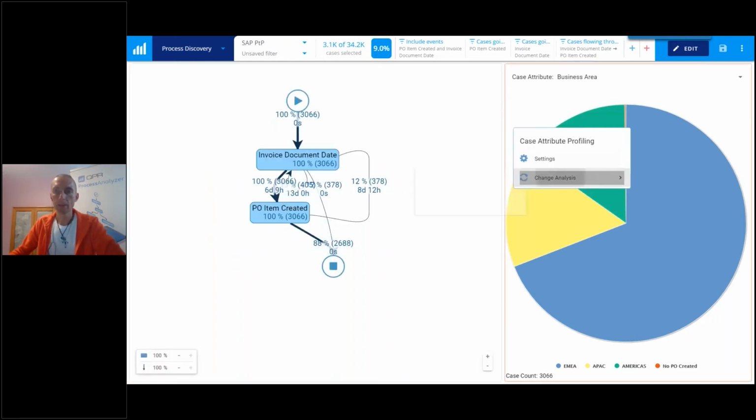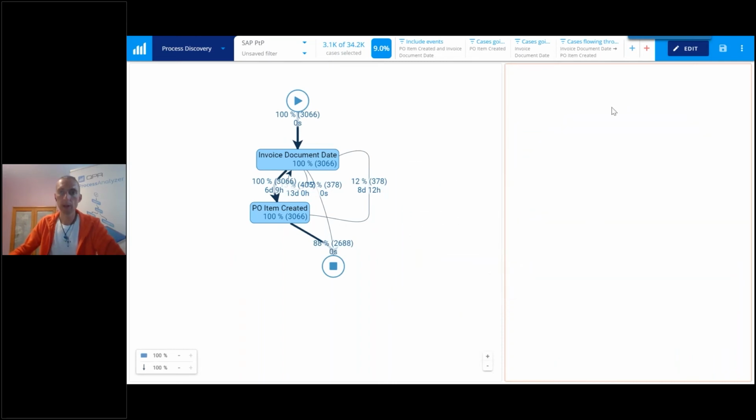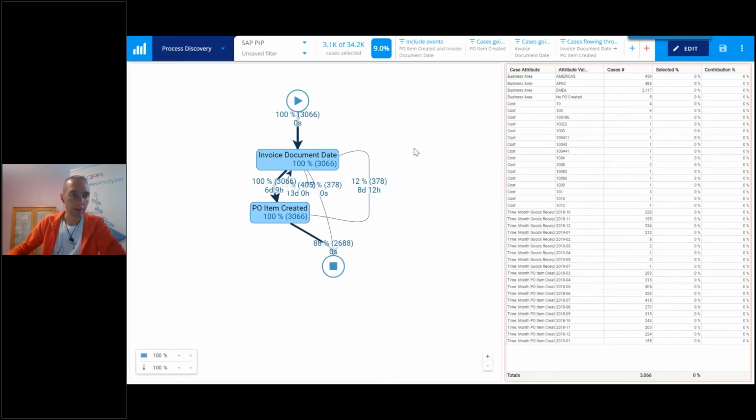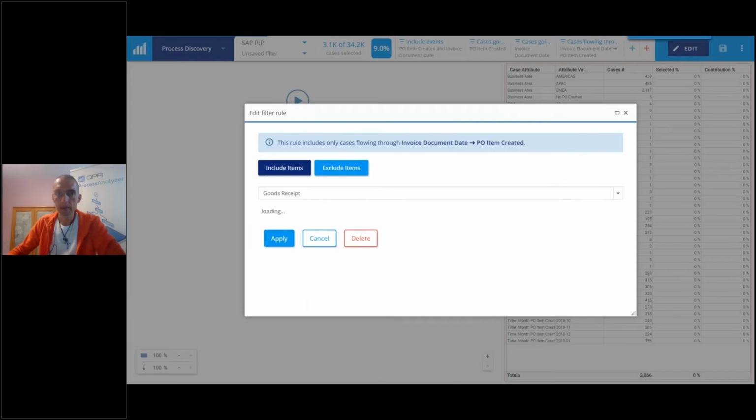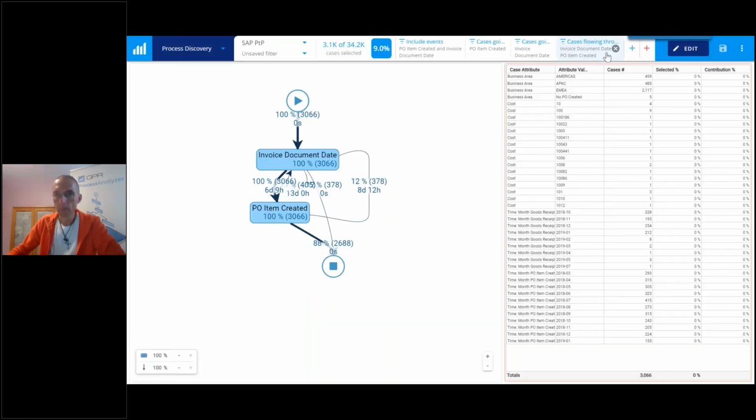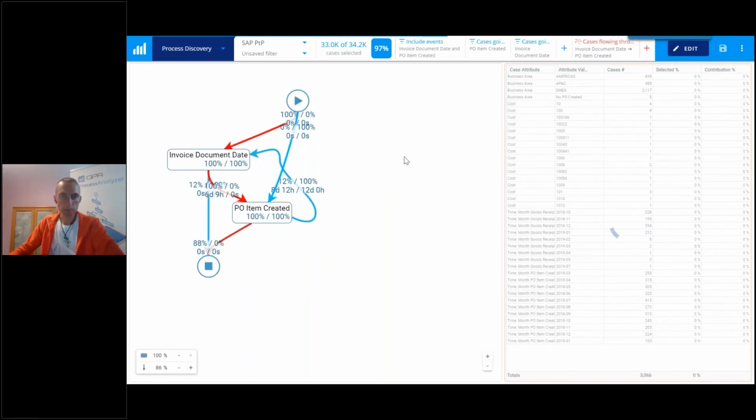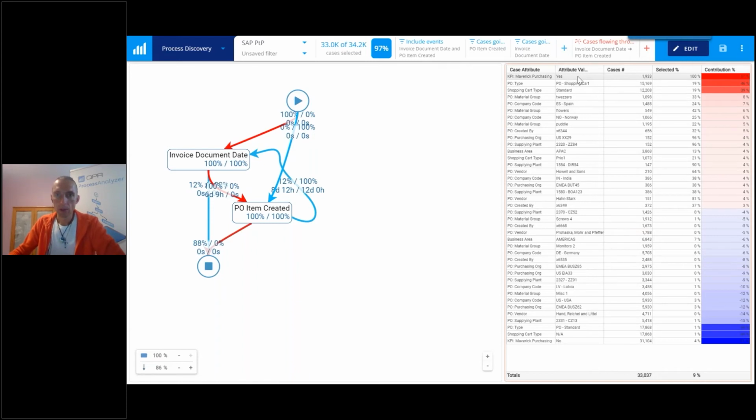So now this is a finding, and now we may want to look at the root causes for this finding. So I can simply change this to be the root cause analysis view, and now let's look at these cases flowing through. Let's put this into the root cause condition. So now we see here in the root cause analysis view that if the purchase order type is shopping cart, then 19% of the cases are having this invoice first. And so that's one root cause.